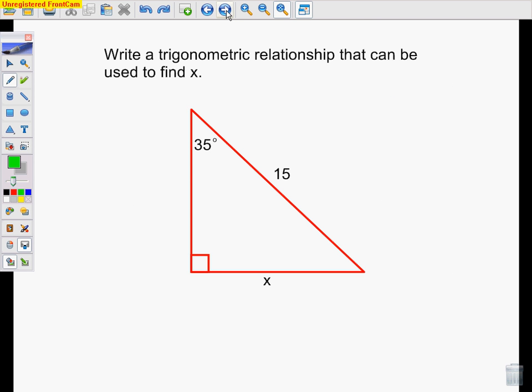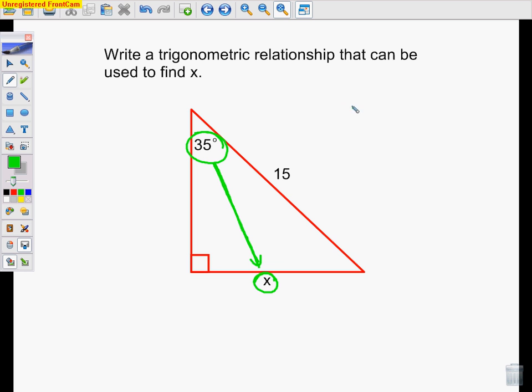All right, so write a trigonometric relationship that can be used to find x. This is a problem that I just kind of threw in to practice SOHCAHTOA. So a trigonometric relationship. Here, from this 35, the figure gives us this side. Now, in relation to 35, this side is opposite of the 35.